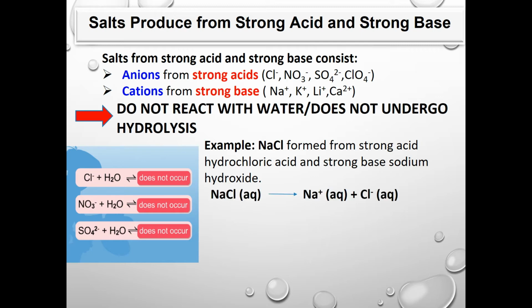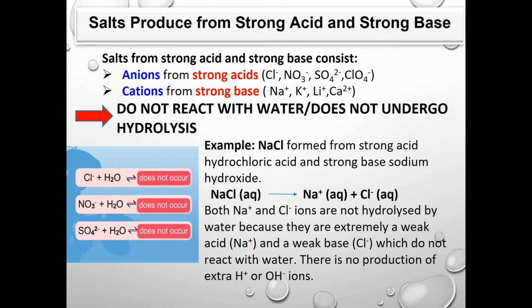The salt sodium chloride dissociates completely to form cations, sodium ions, and anions, chloride ions. Both sodium ions and chloride ions are not hydrolyzed by water because sodium ion is an extremely weak acid and chloride ion is a weak base, which do not react with water.